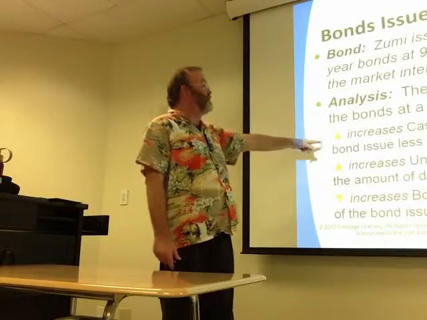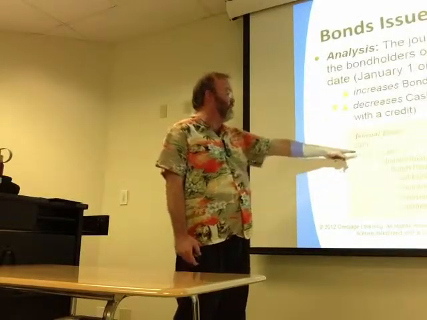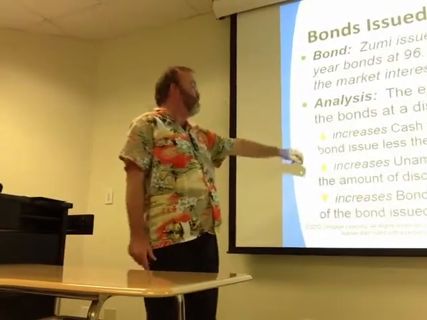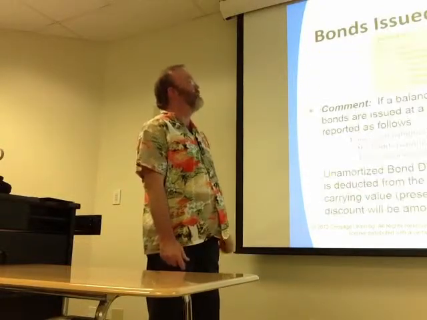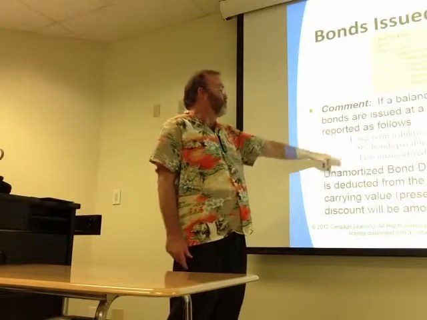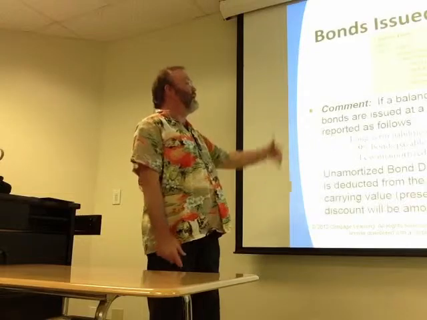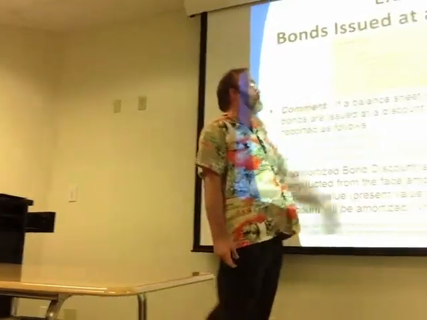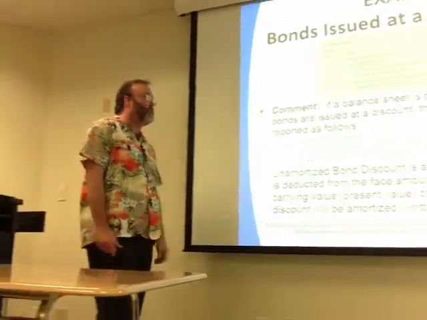So we're going to increase cash with the debit for the price, 192,298, and then we'll increase this discount, this contra liability. And then we're going to amortize that $7,702 over the 5-year life, and I'll talk about how we amortize this.